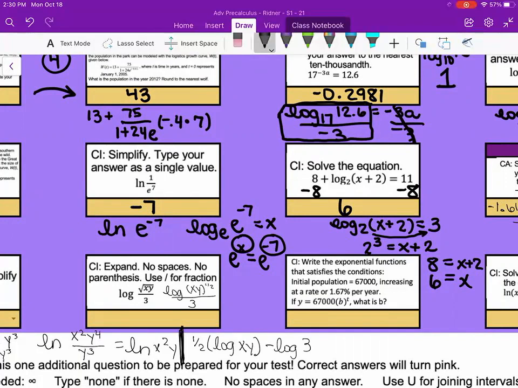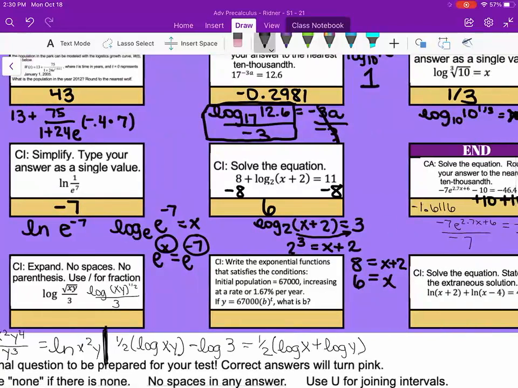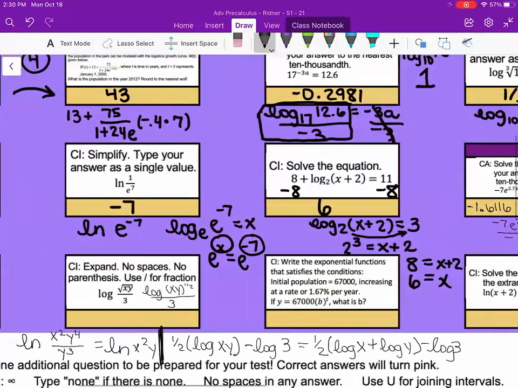Since multiplication is going on in between there, that means adding, if I'm expanding. And last but not least, I can distribute that 1/2. So for you to get this right, it's 1 divided by 2 log x plus 1 divided by 2 log y minus log 3. Okay.